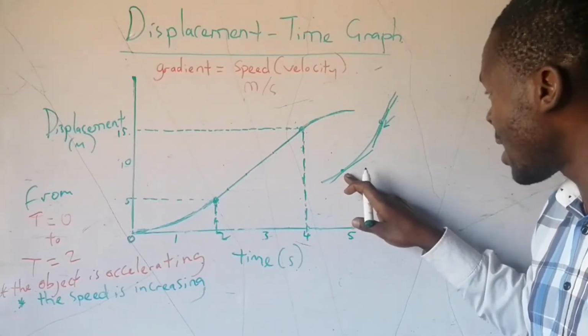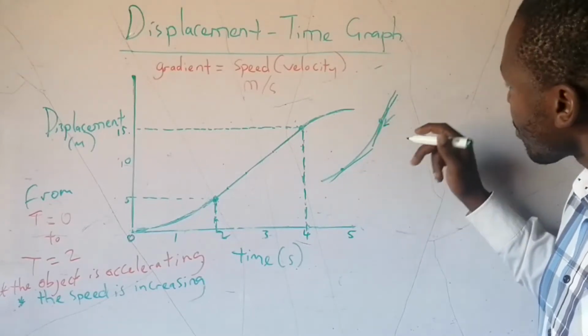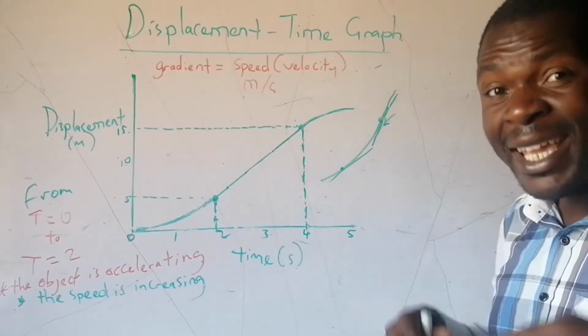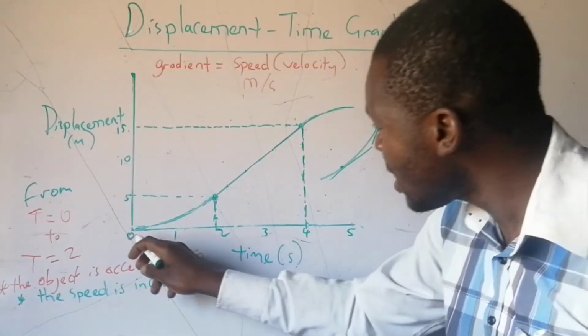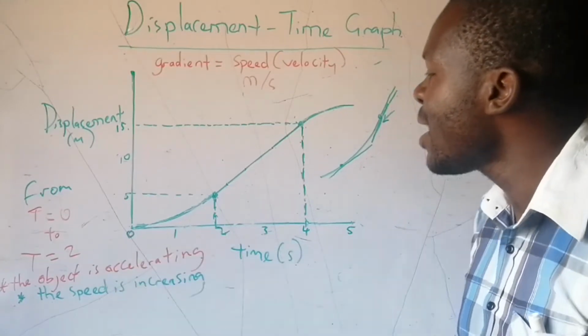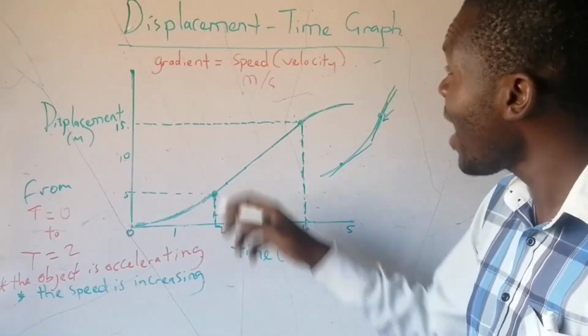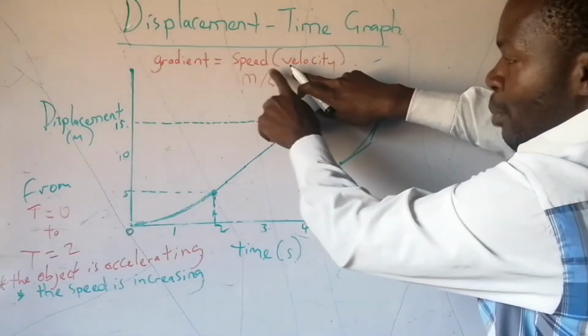So it means that as we move up, the gradient is increasing. Therefore, from t is equal to 0 to t is equal to 2, the gradient is increasing. Please remember this, gradient represents speed.